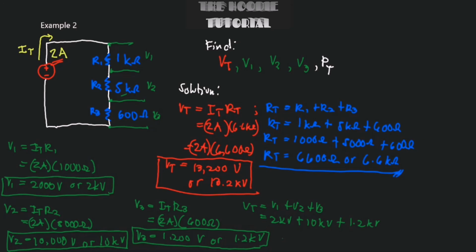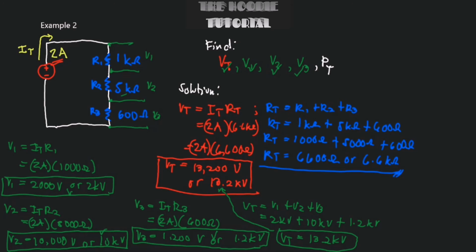Summing all that up, we would have a value of 13.2 kilovolts, which is exactly the same as what we have here in the first place. So that means this is correct. So we have VT, V1, V2, and V3.